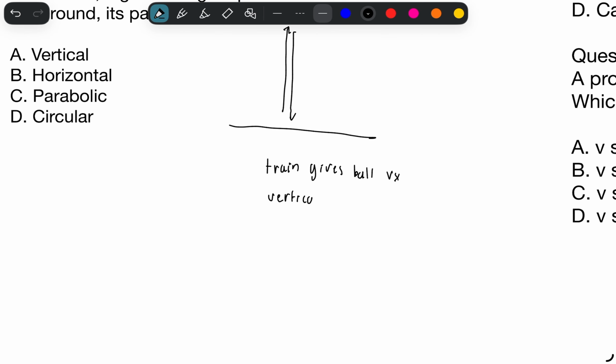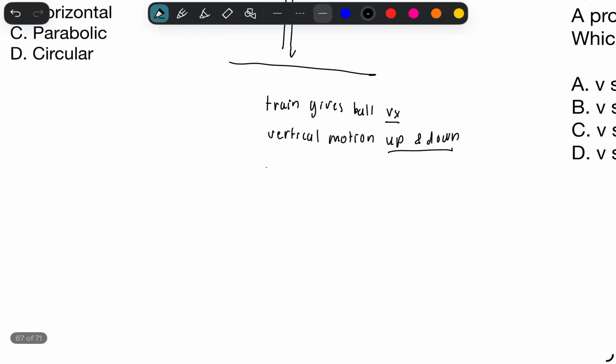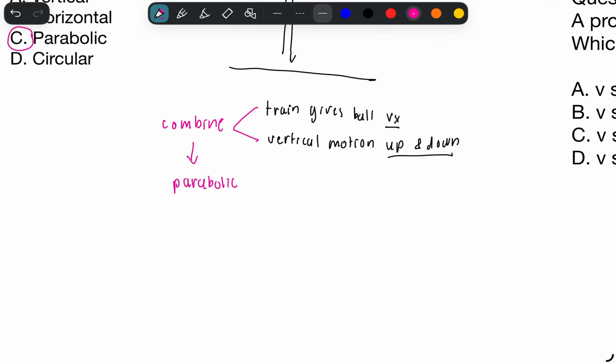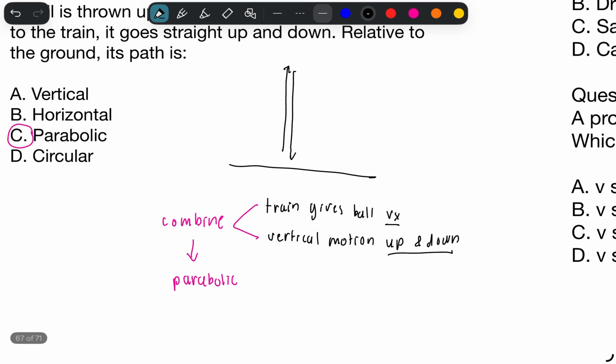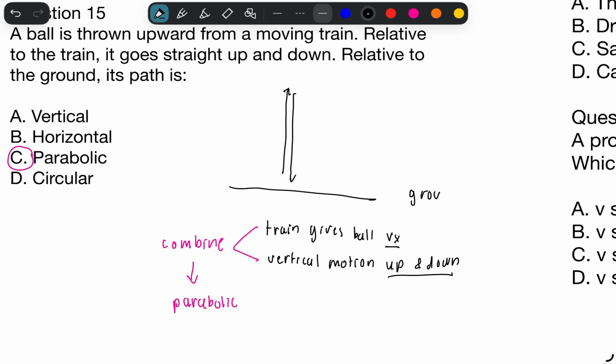Now our vertical motion is going to go up and down. So if you have up and down and Vx, if you combine them, you'll get a parabolic path. So that's going to be C. So from our ground frame, we get a parabola.